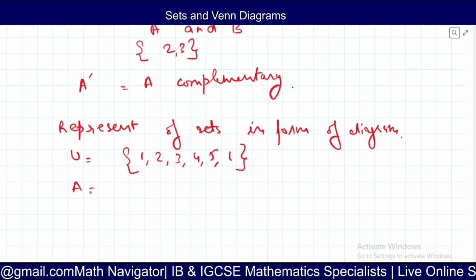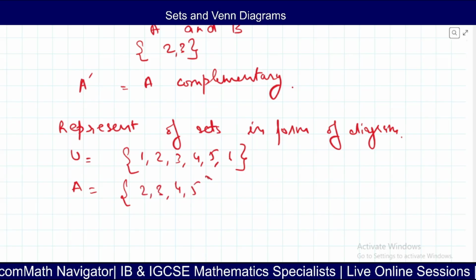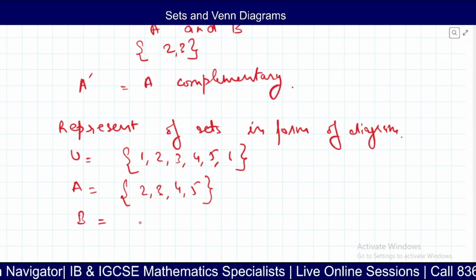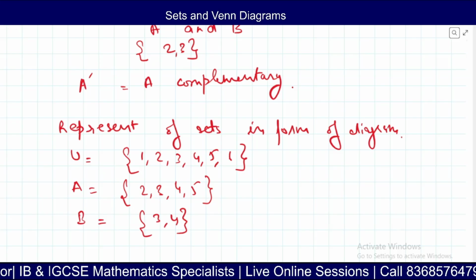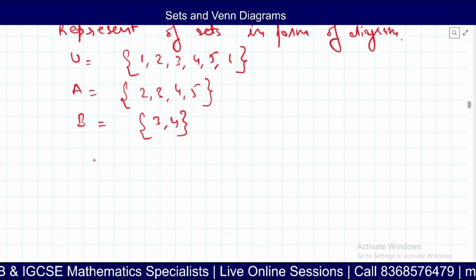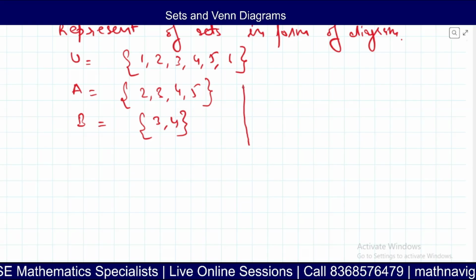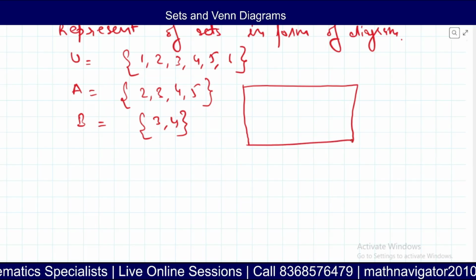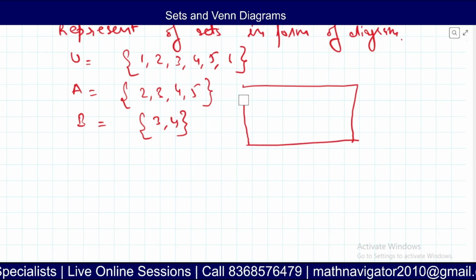And A is equal to 2, 3, 4, 5. And B is equal to 3, 4. These are my three sets. U is a universal set, which means it contains everything. So how do we represent U? We make a rectangle like this, right? I'll make it a little better.